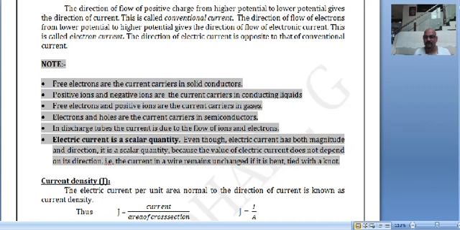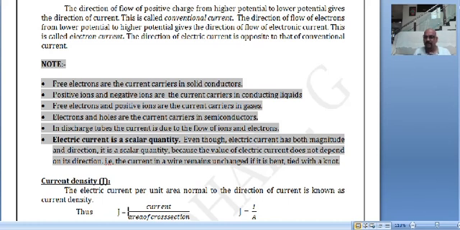So therefore, understand that electrons are the charge carriers in metals, in electrolytes positive and negative ions, in semiconductors electrons and holes, and in gases free electrons and positive ions.